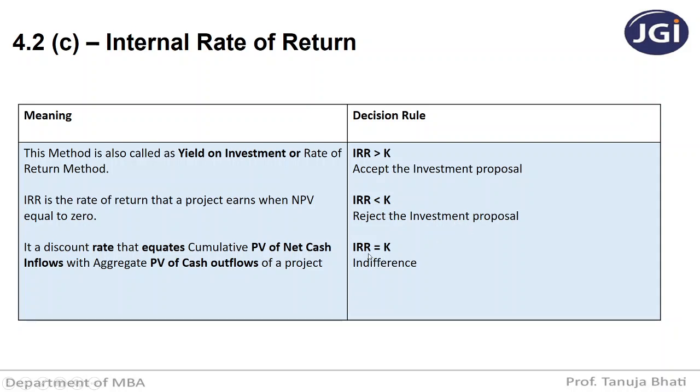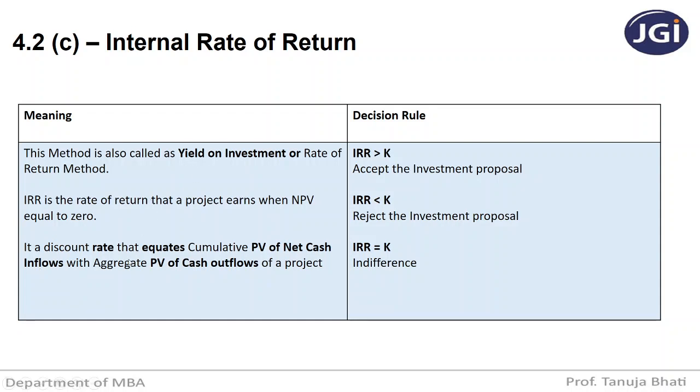And if the rate of return is equal to the cost, then it is indifference. That is, either you can take the decision of accepting the proposal or you can take the decision of rejecting the proposal. So internal rate of return is nothing but the yield, the return that a particular company will be earning on the investments it is making.